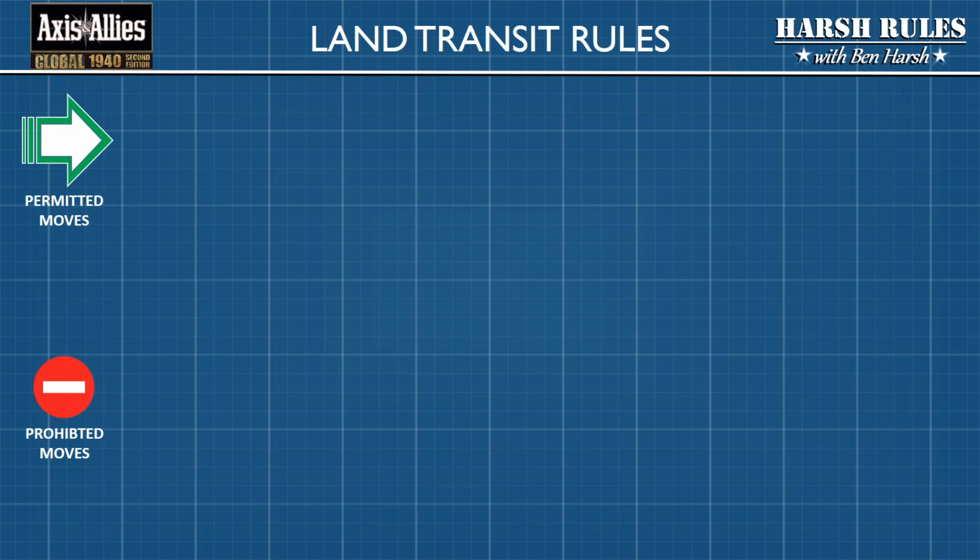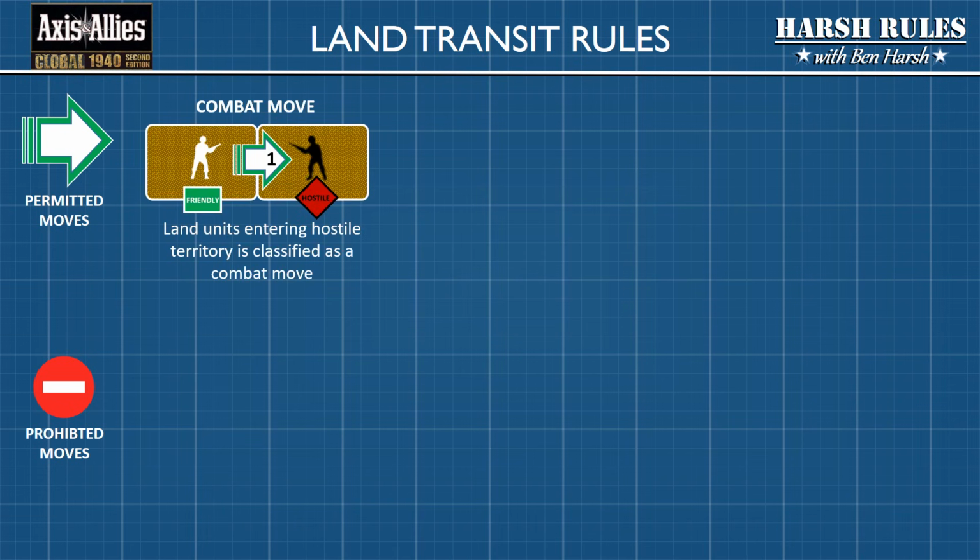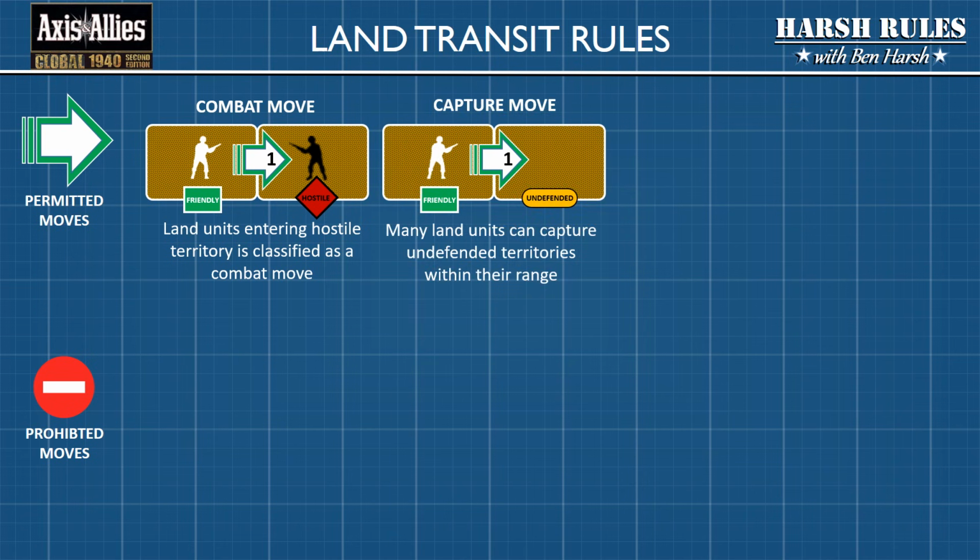Transit rules can be divided into 2 groups: permitted moves and prohibited moves. Starting with permitted land movements, obviously the first is the combat move. In a combat move, land units enter a hostile territory, and this triggers combat in the next phase. Players can also conduct a capture move. With this maneuver, a player moves his forces into an undefended territory and takes it over.